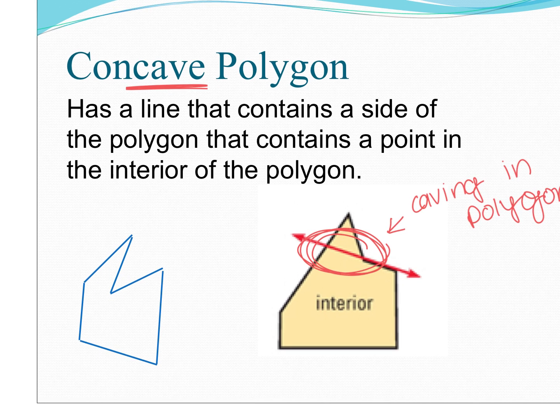Looking at this image, if I were to continue drawing these lines, they're caving in my polygon. So it's going on the inside. Do we understand the difference? Yes. Okay. So if it's concave, it's caving in. If it's convex, it's staying on the exterior.